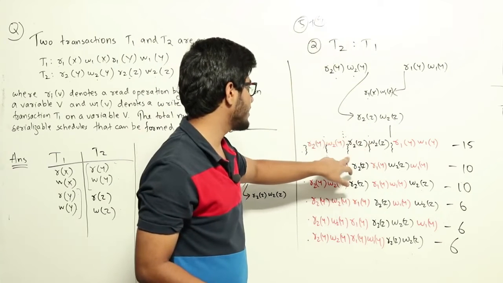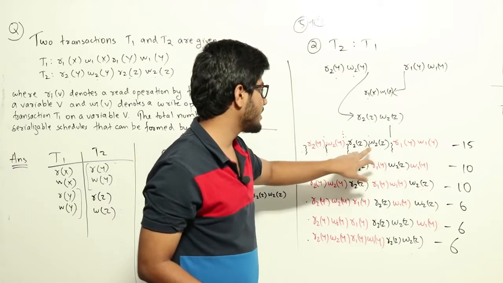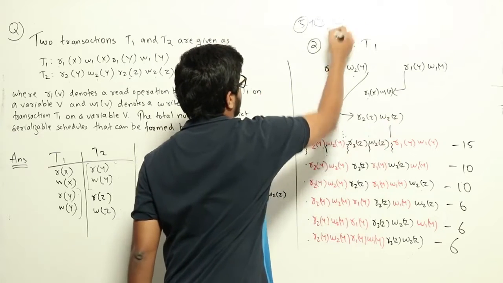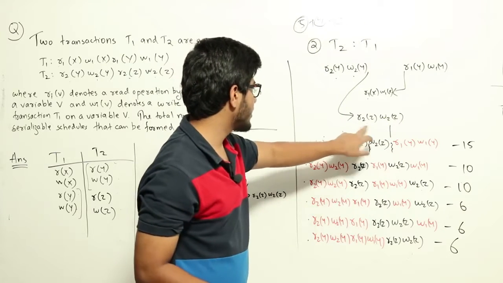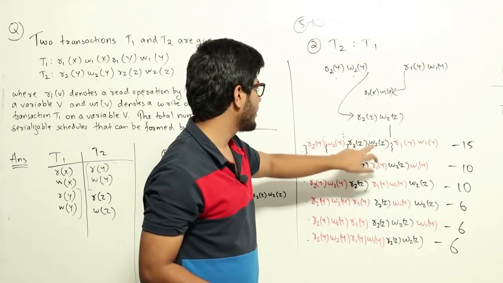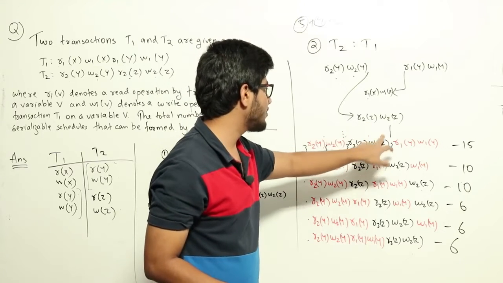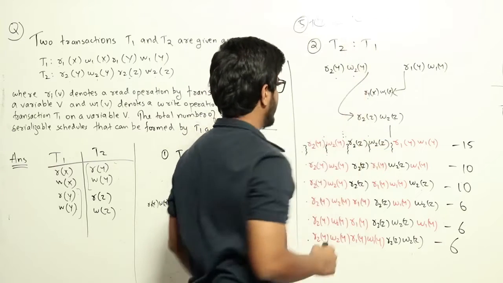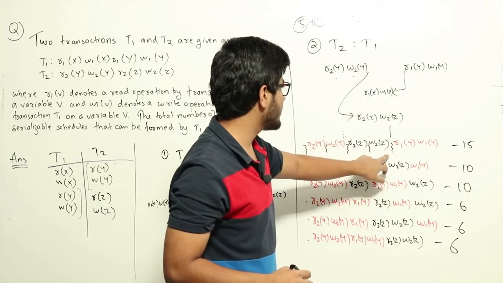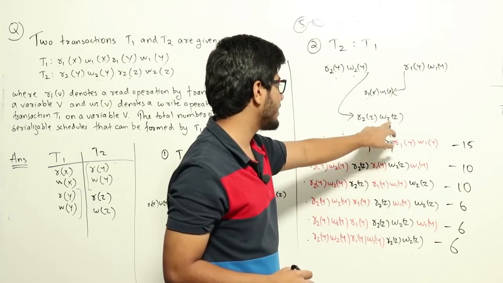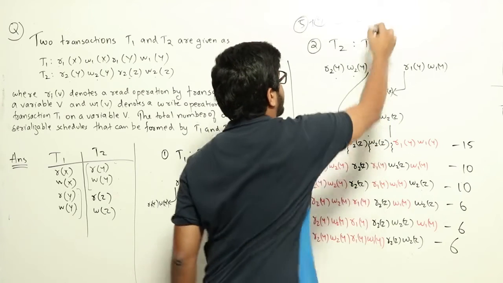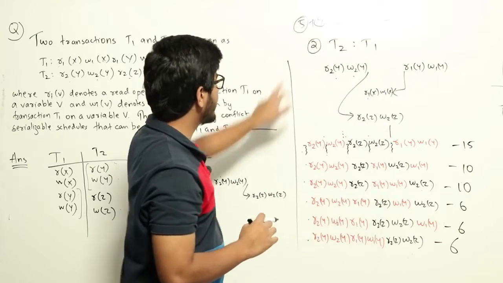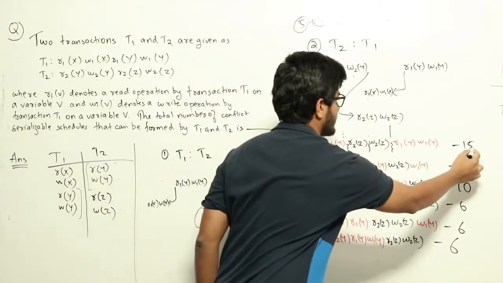Similarly, if I put this one in the third gap, I have 3 gaps left to put the second one, meaning it will add 3 additional series. If I assign the first one to this gap, there will be 2 gaps left, that will add 2. If I assign the first one to this gap, there is only one more gap left to add the last one, so that will add 1. Meaning there are 15 possibilities.